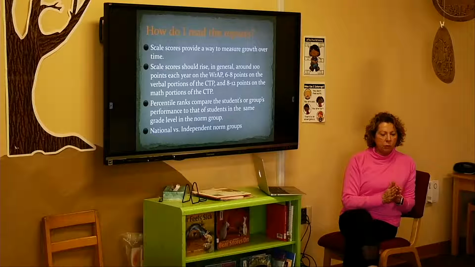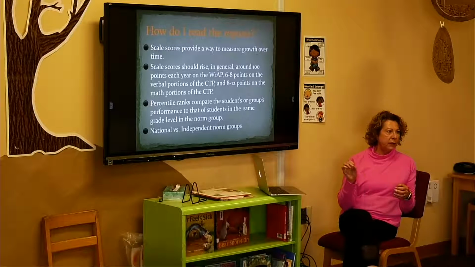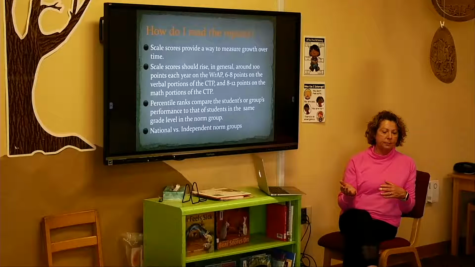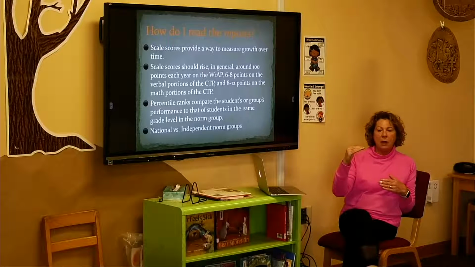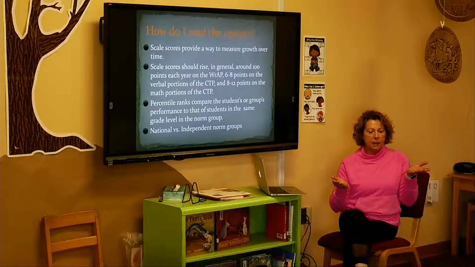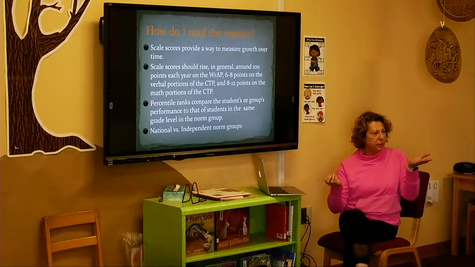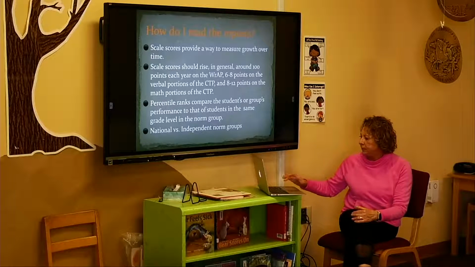The suburban norm group appears on some of our reports, and we don't really use that, but ERB just puts it on there sometimes, and that's comparing your kids to those few select suburban public schools. And then the independent norm group is the group of students in independent schools, and as I said, that's a higher bar. So your student might have, when you look at the percentiles, a really high percentile when compared to the national norm group, but lower when compared to the independent norm group because it's a more selective population.